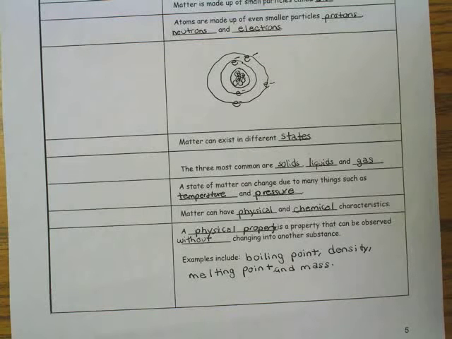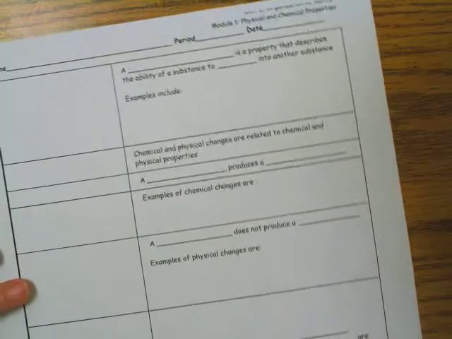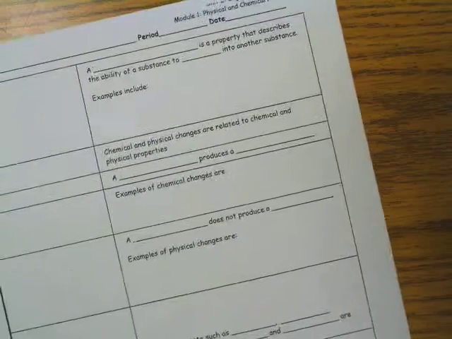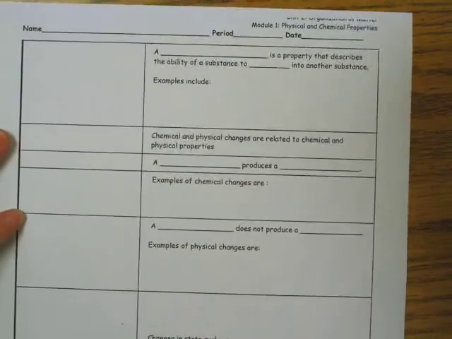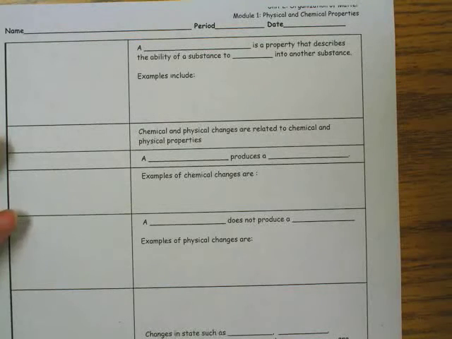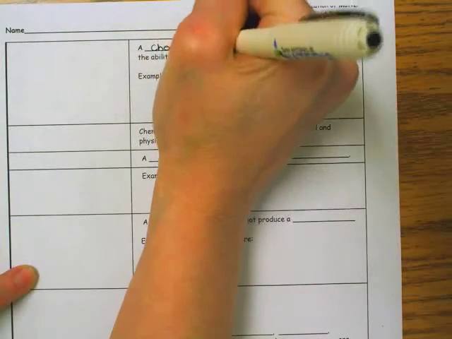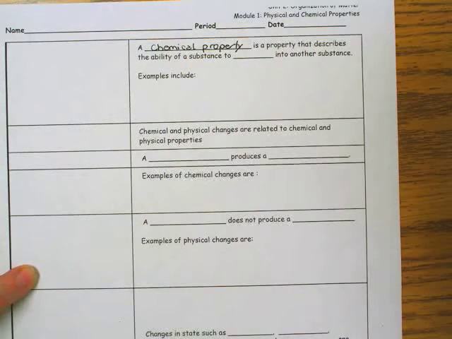Now we're going to go on to chemical properties. So a chemical property is a property that describes the ability of a substance to change into another substance.